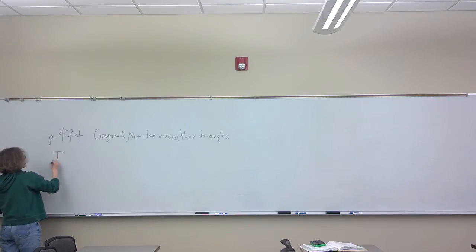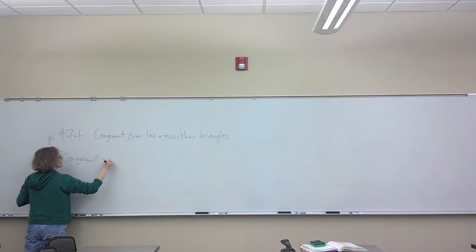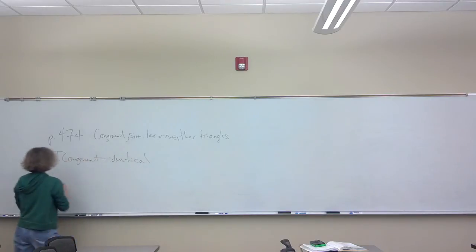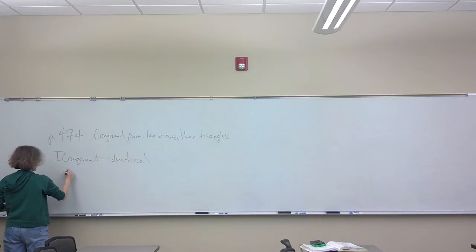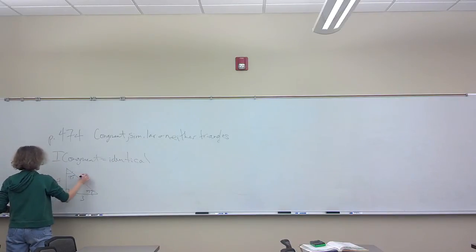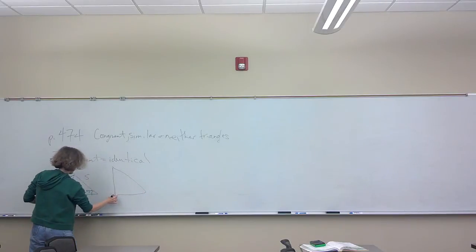The first kind is congruent, identical. So you're going to have two pictures of triangles.